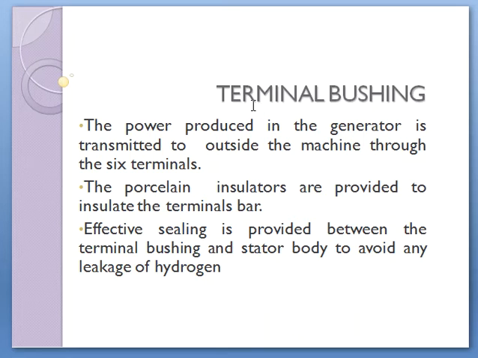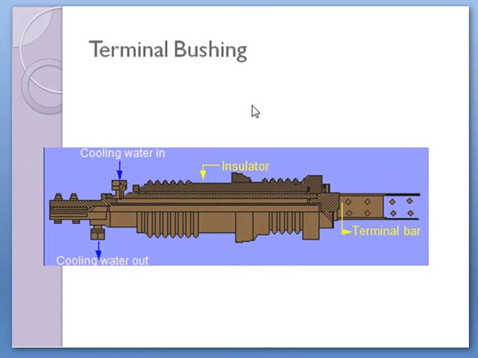So the stator terminals are connected with the porcelain bushings. These provide proper insulation. So the effective sealing is provided between the terminal bushings and the stator body to avoid leakage of hydrogen. Now this is the terminal bushing.